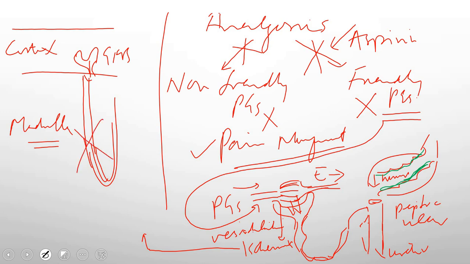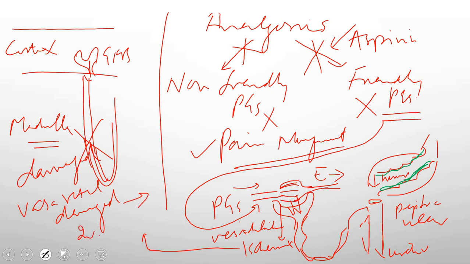if this particular region is damaged, it is important to understand that vasa recta damage is followed by interstitial fibrosis.